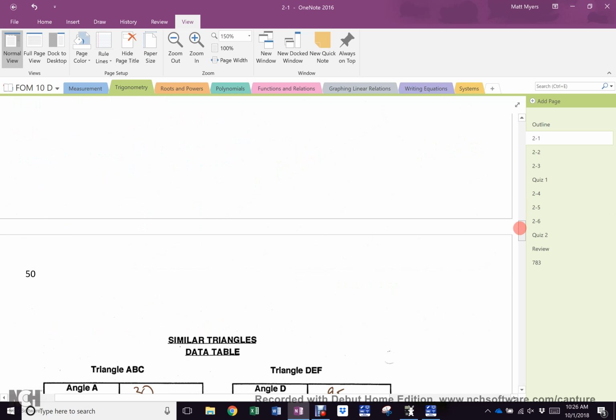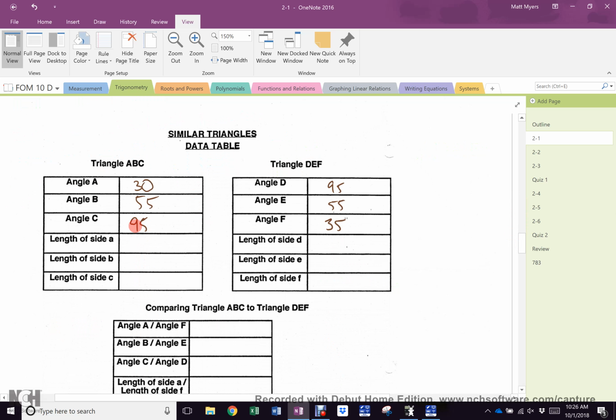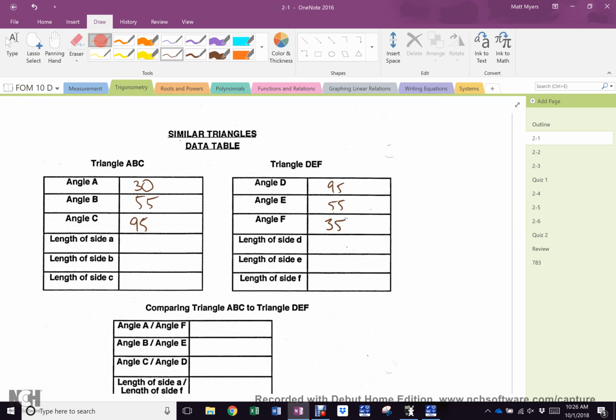So who has a number for me for side A? 5 centimeters. 5 exactly? I got 5 for the first side. 4.5. Okay, but look, I can see from here it's not 5.